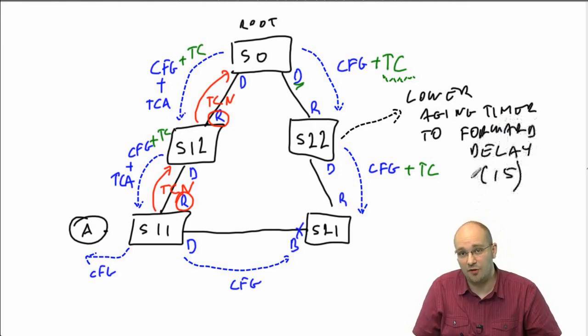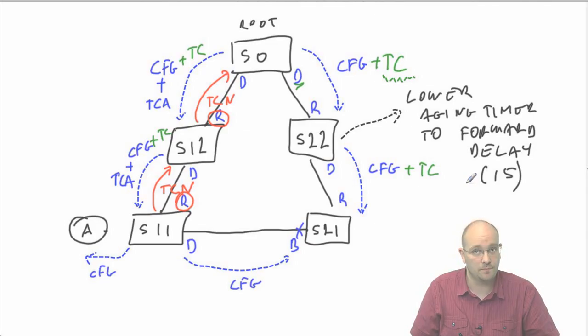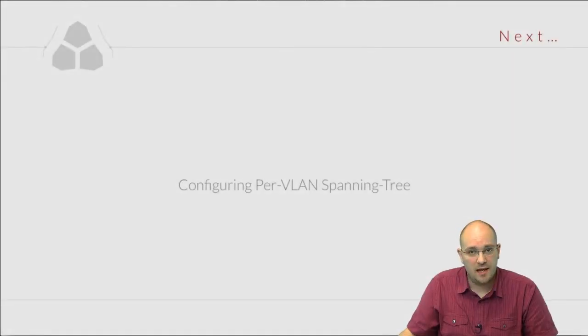I hope this clarified a little bit the topology change procedures in the spanning tree. In the next video, we are going to take a look at the configuration of per VLAN spanning tree.